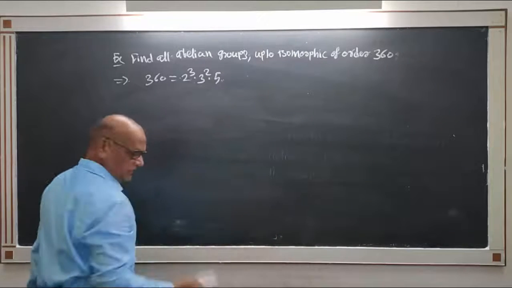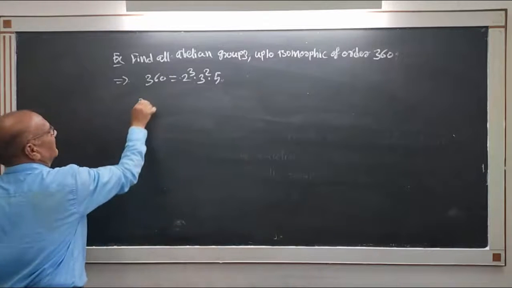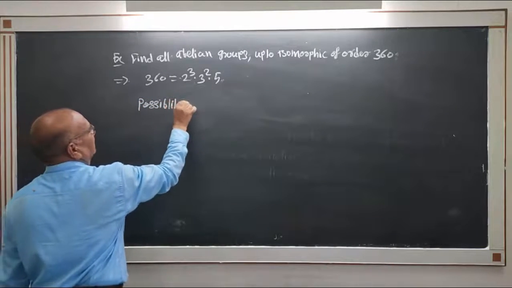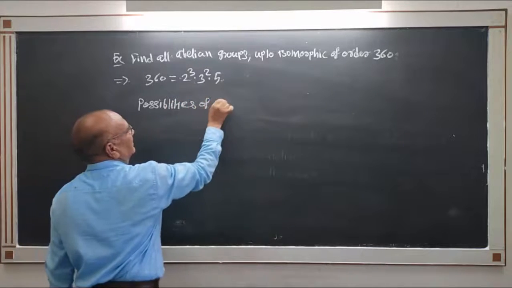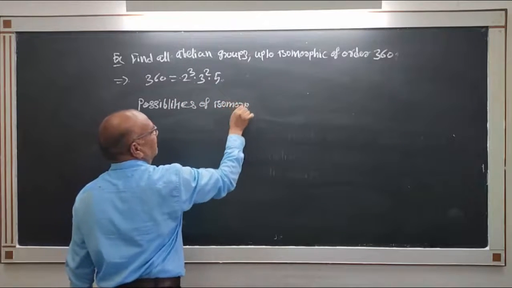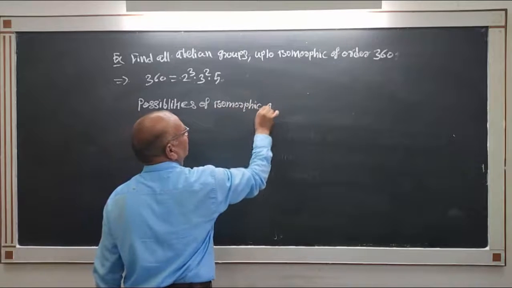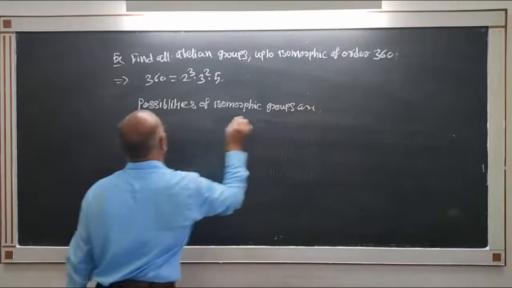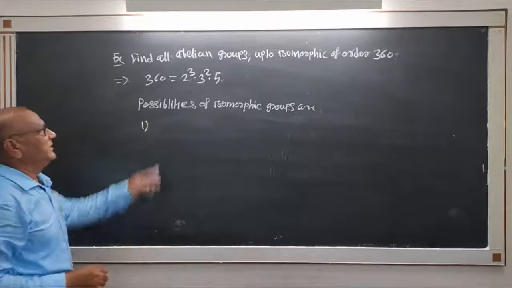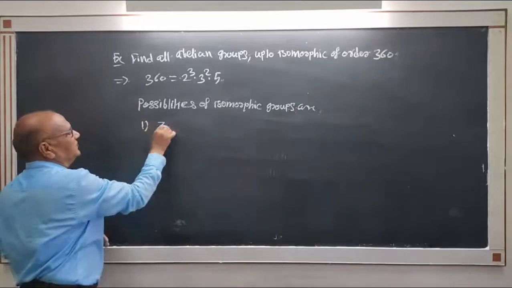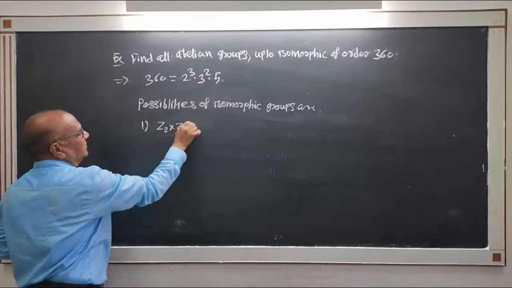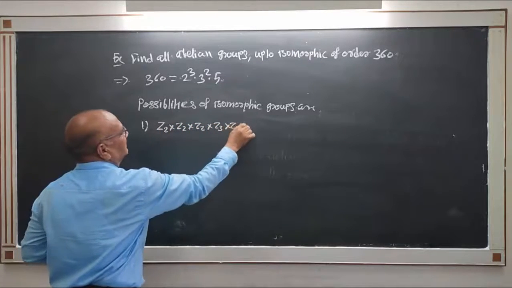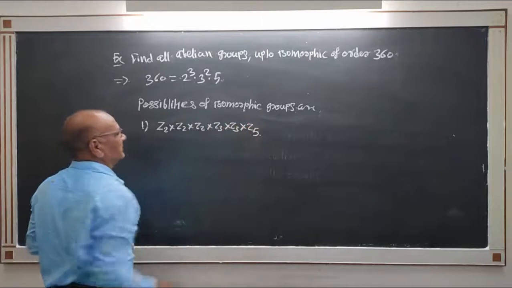Possibilities of isomorphic groups are: first, Z2 cross Z2 cross Z2 cross Z3 cross Z3 cross Z5.